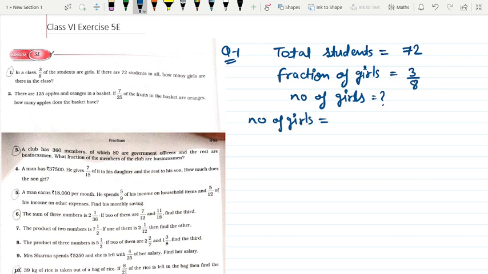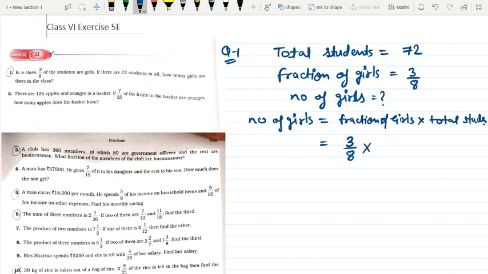We can write down the fraction for girls, the fraction of girls, multiply by total students. Okay, so in this question we need to write down the fraction for girls. What is the fraction here? 3 upon 8 and multiply by total students.